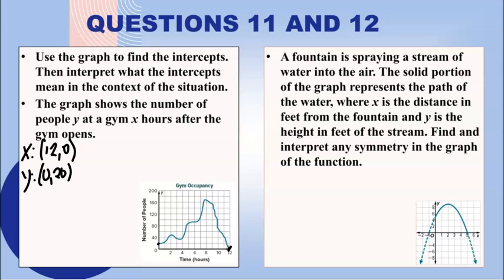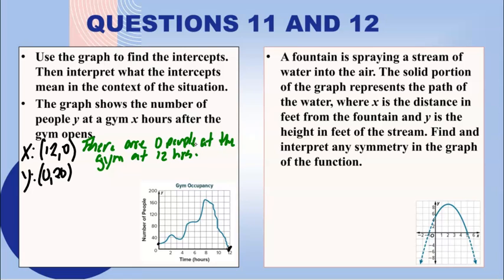The x-intercept means there are 0 people at the gym at 12 hours, which just means it closes at 12 hours after it opened up.